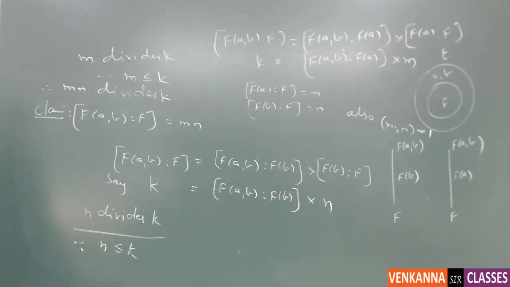A is algebraic over f of B. So it satisfies a polynomial of degree p, isn't it? So on the whole, you are proving that k is less than or equal to mn as well as mn is less than or equal to k. Therefore, both will become equal. That is the underlying idea. Now, how to write the small writing there? If you take some value there, how do you write?